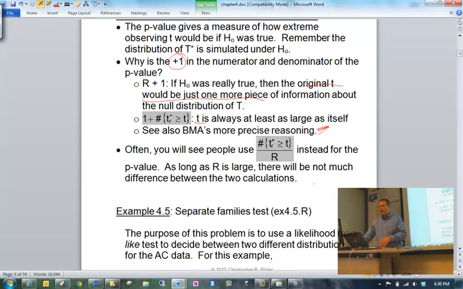It's not really that big of a deal. In fact, you will probably more often see people use the number of t stars that are greater than or equal to t divided by R, if we just have a one-sided test. It's not a big deal because, of course, R is going to be large here because you control what R is, and so we're going to get just about the same.